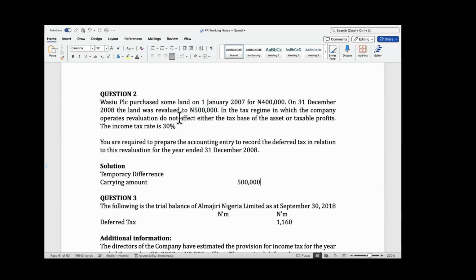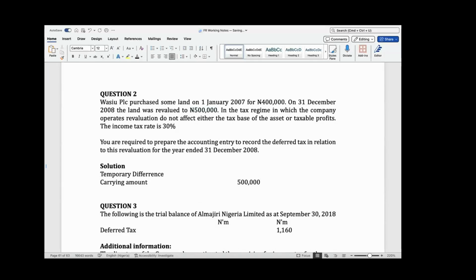And in the tax regime in which the company operates, revaluation does not affect the tax base, meaning the taxman does not consider revaluation. So as far as the taxman is concerned, the value of these assets remains 400,000.